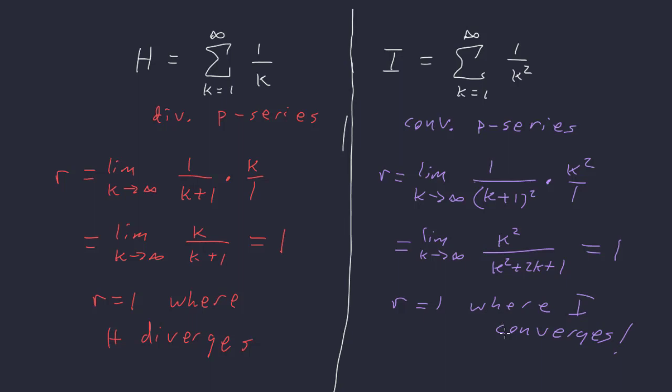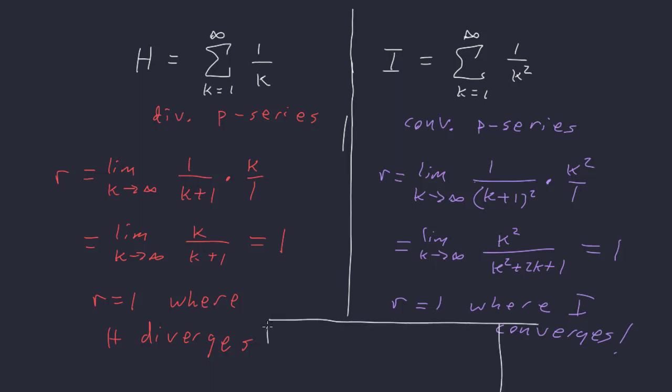So this is where the problem lies. When we get 1, anything could be happening. Fair? Because we would get 1 for 1 over k squared and for 1 over k, and we know 1 over k diverges where 1 over k squared converges. So r equals 1 is an unknown, right? So that's basically what that means.